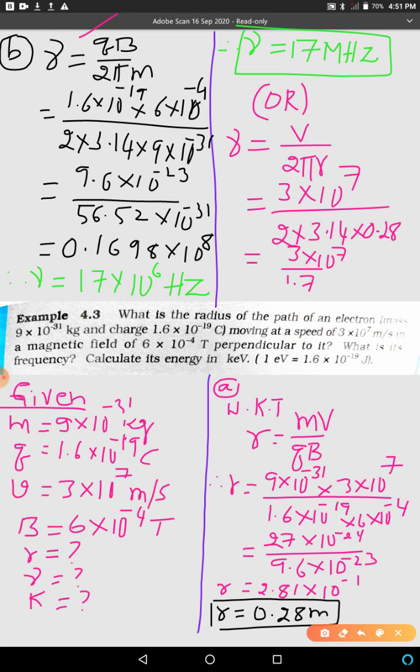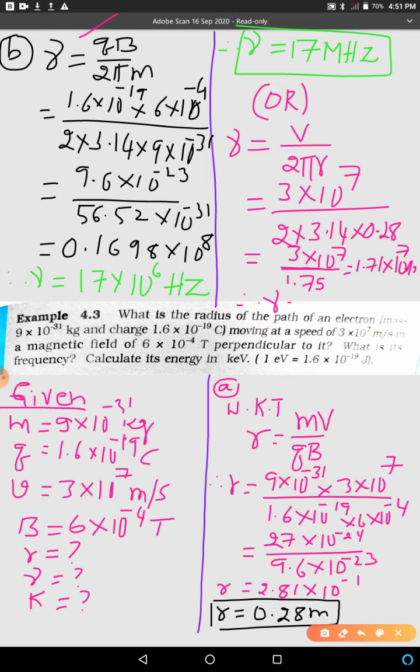So 3 divided by 1.75, that is 2 into 3.14 divided, will be equal to 1.71 into 10 power of 7 hertz.